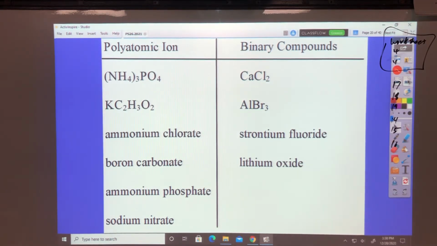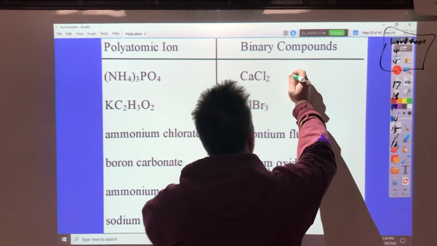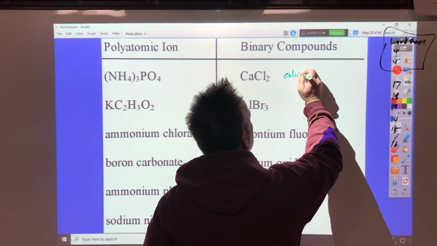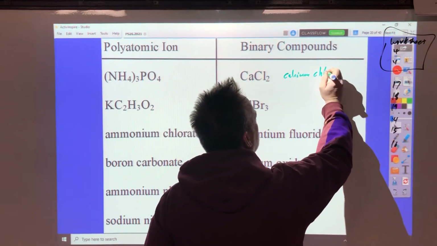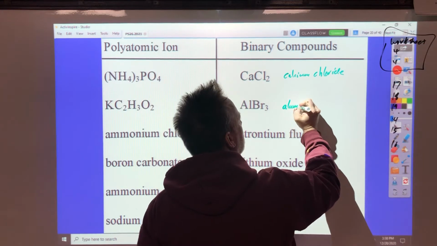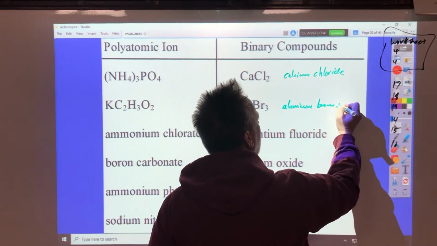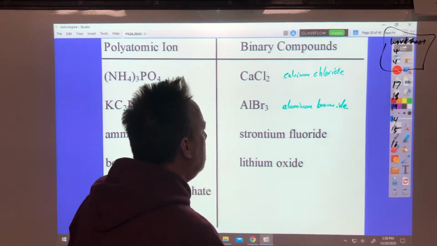So my binaries are going to be ides. So the naming, this is calcium chloride, this is aluminum bromide.